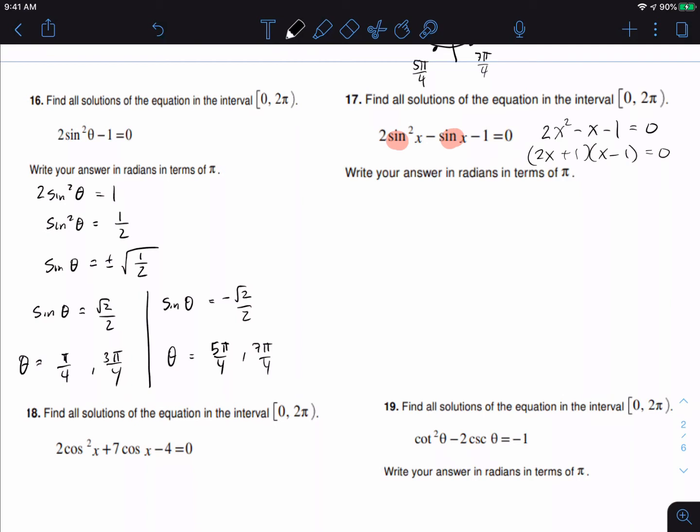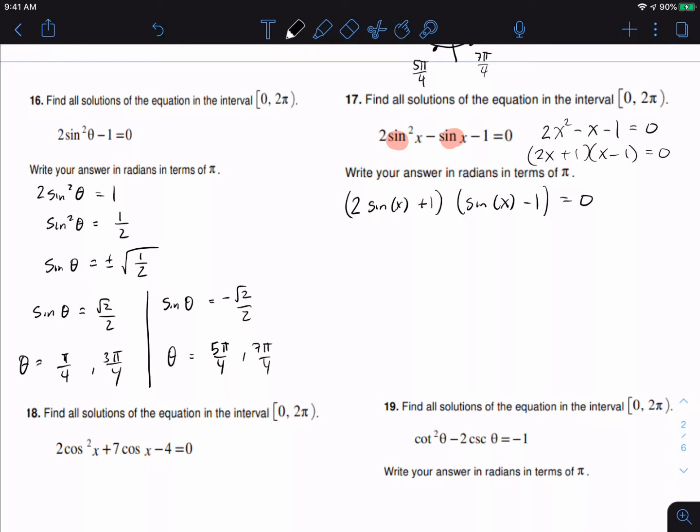Now, what I'm going to do is I'm going to switch it back. So I'm going to get 2 sine of x plus 1 times sine of x minus 1 is equal to 0. And so now I've put this problem so it looks like the problems we just did.